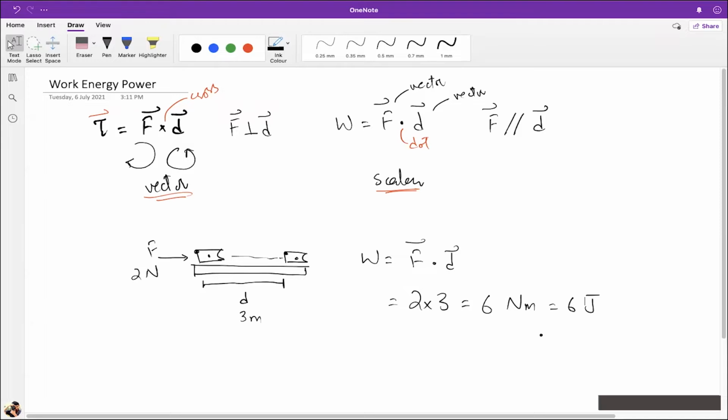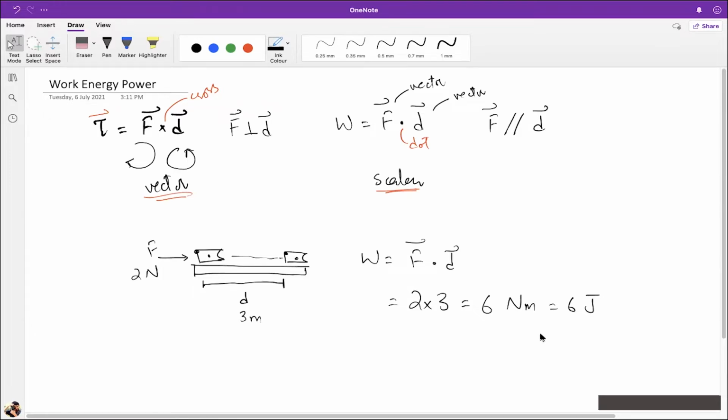What does it mean? 6 joules simply means that you have applied maybe a force of 6 newtons and moved the thing 1 meter. Or maybe you have applied a force of 1 Newton and moved the thing 6 meters. Or you have applied a force of 3 Newton and moved the thing 2 meters, or the other way around.